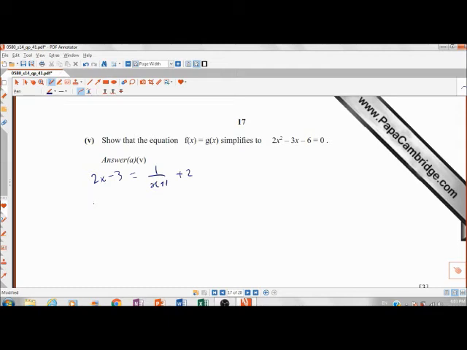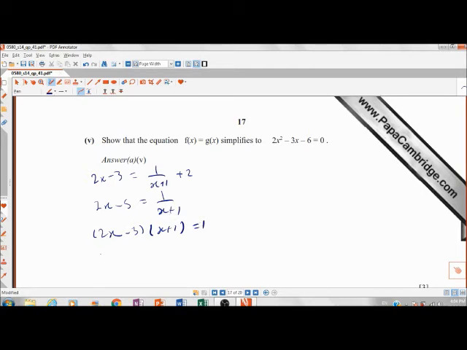Alright. So I take to the other side, 2x minus 5 equals 1 over x plus 1. Multiply both sides by x plus 1. You'd get 2x minus 5 multiplied by x plus 1 equals 1.